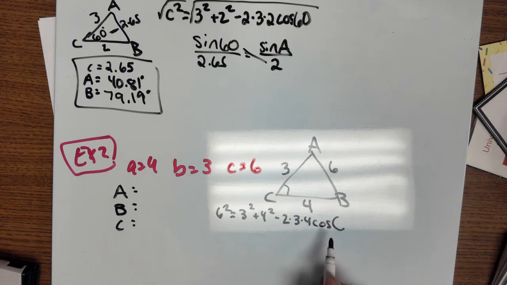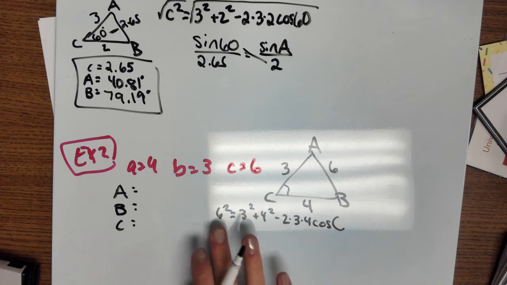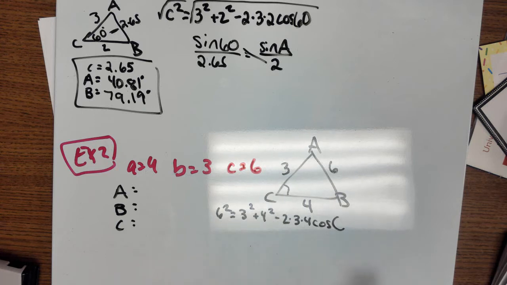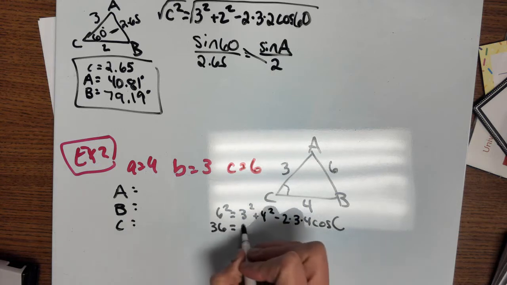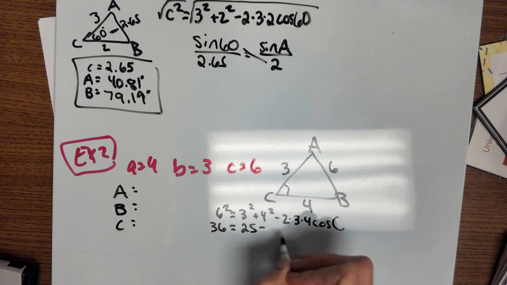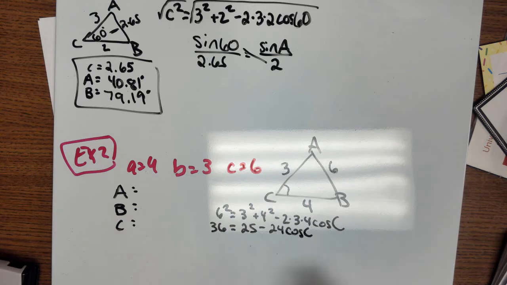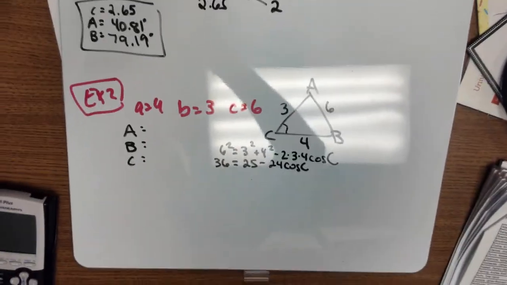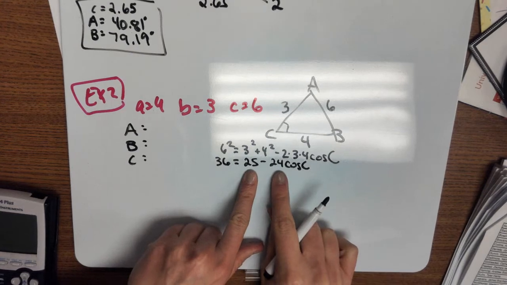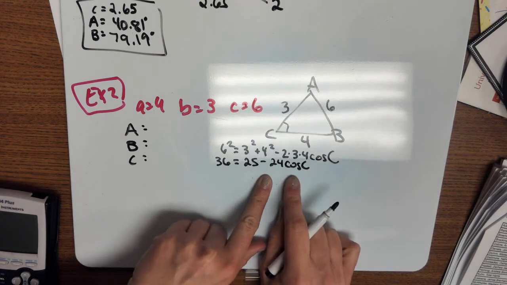So now it's a little different in that I can't just take the square root. So we're going to pull everything over. If you go one step at a time, you're less likely to make mistakes. I'm going to go through everything separately. So 36, 9 plus 16 gives me 25, minus 24 cosine of C. A huge mistake that people make at this step is they think that they can combine 25 minus 24 cosine of C into 1 cosine of C. That is not possible.